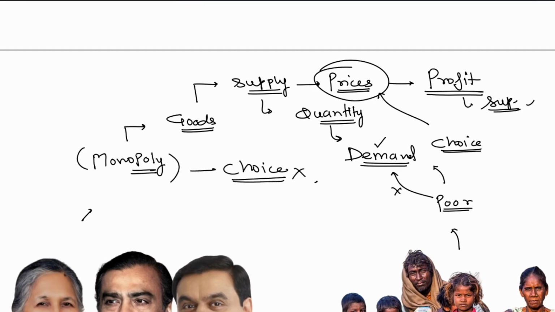So this means even if they are having some money, even if their money is increasing, let's say they had 100 rupees earlier and they have 200 rupees now, these people can decide what poor people can do with their money. Let's say they are producing 1 kg of sugar. Earlier the price was 40 rupees.